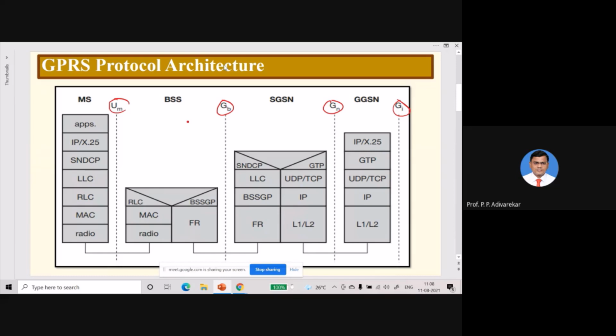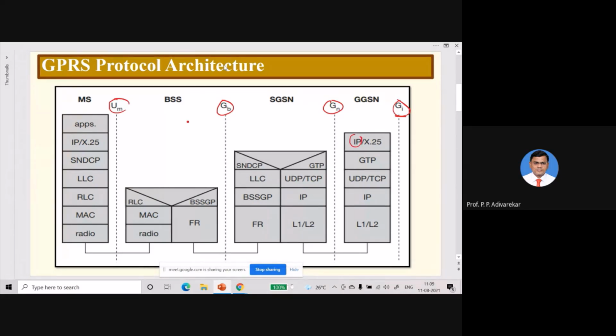We have seen in the architecture. Suppose, for example, for communication between the external network and GGSN, which is nothing but the gateway towards the GPRS internal network, we are using the Gi interface for that. So all the data is communicated via IP. So GGSN uses the IP protocol.